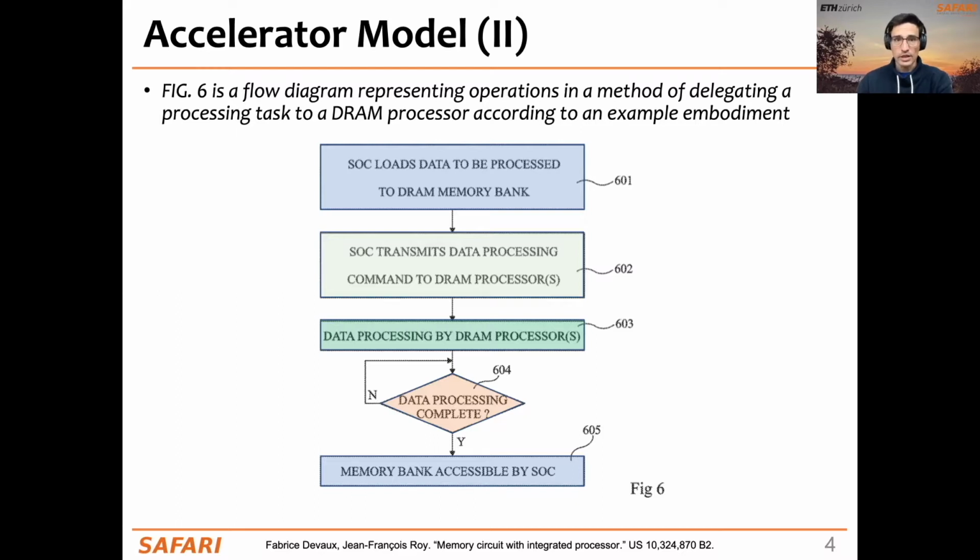After that, the processors in DRAM execute a kernel, and at the same time, the CPU can check continuously when the kernel on the memory side has finished. After that, the memory banks on the PIM-enabled memory become again accessible to the host processor, and the host processor can retrieve the results and copy them to the main memory.